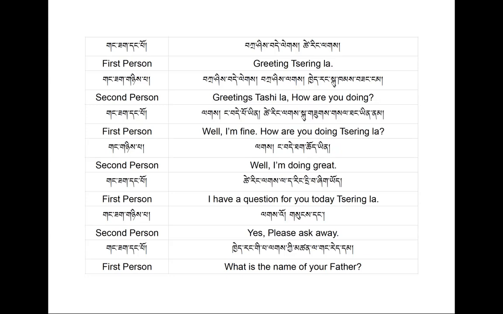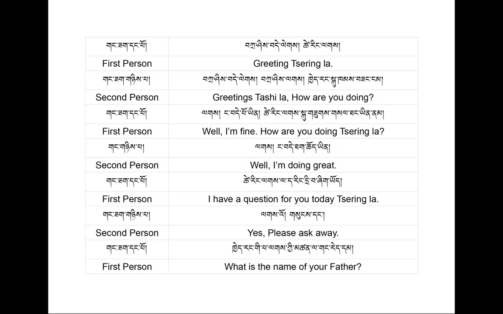Here, what I have done is written the terms for all of the family members that are commonly used. So we don't have all of the ways to address each and every family member, but we have the ones we normally use.